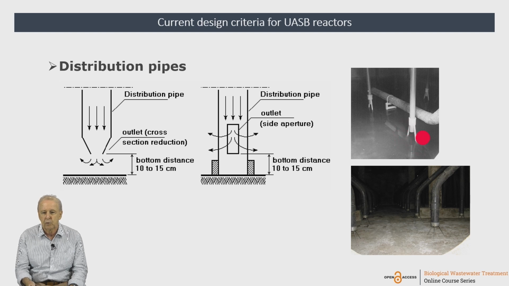And there is one support to keep this pipe in position. It is important to pay attention to the design of these supports to avoid the pipe moving or sometimes coming loose from this support, and then we are not going to have the guarantee that the wastewater is being distributed at the right position at the bottom of the reactor.